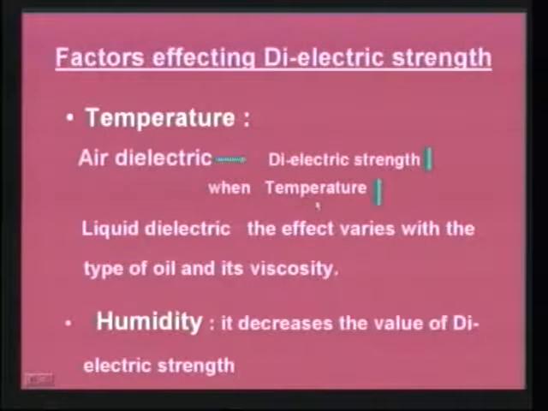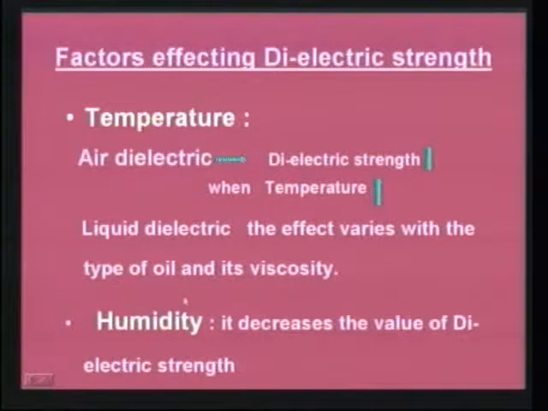When the temperature increases, the dielectric strength of the material decreases when air is used as an insulator. But for a liquid dielectric, the effect varies with the type of the oil and its viscosity. It depends upon the type of the oil and the viscosity of the liquid.